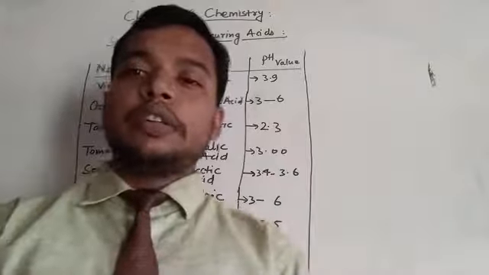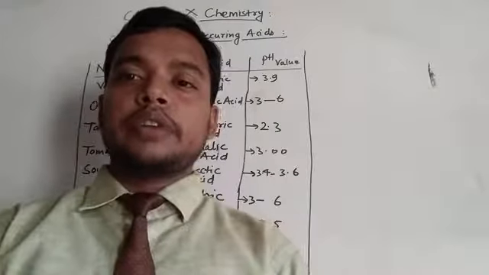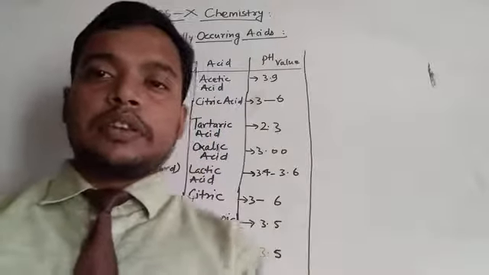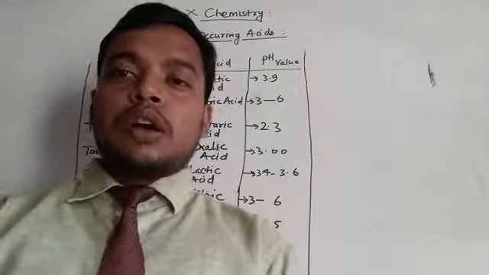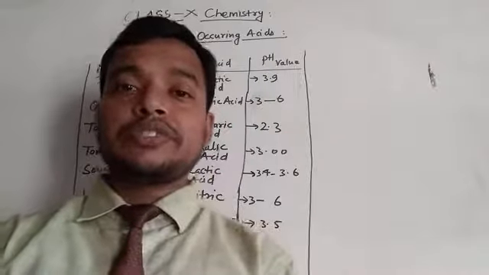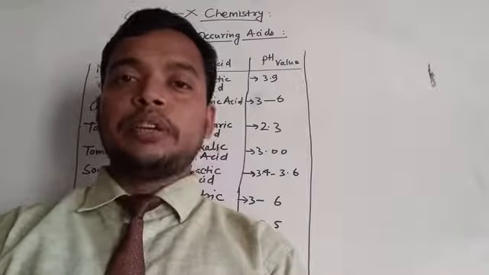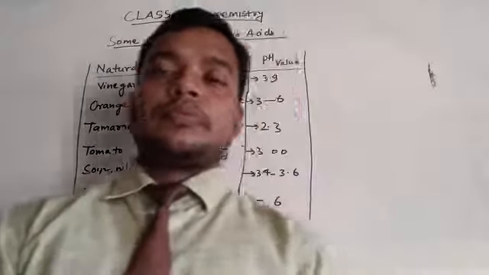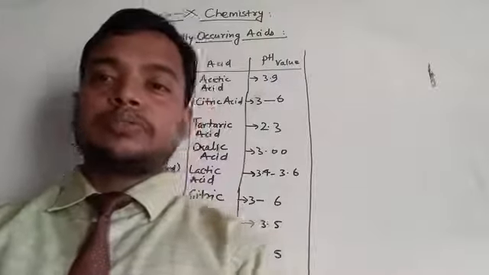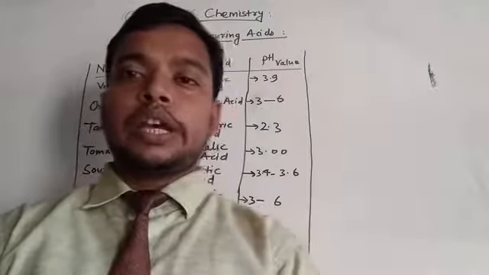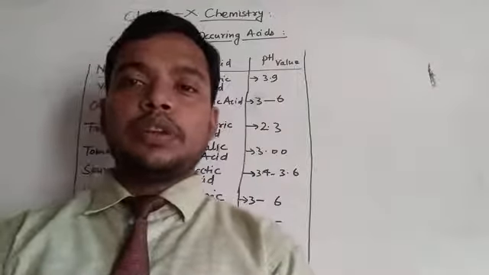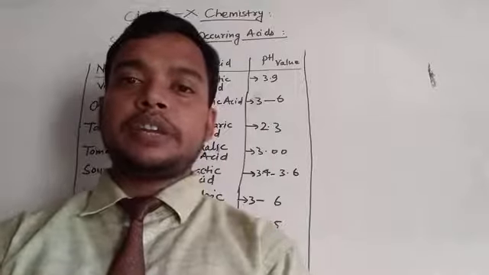And after that, we also discussed what happens when bases react with non-metallic oxides. We also discussed how we dilute a concentrated acid and a concentrated base, when a concentrated acid or base is added into water.